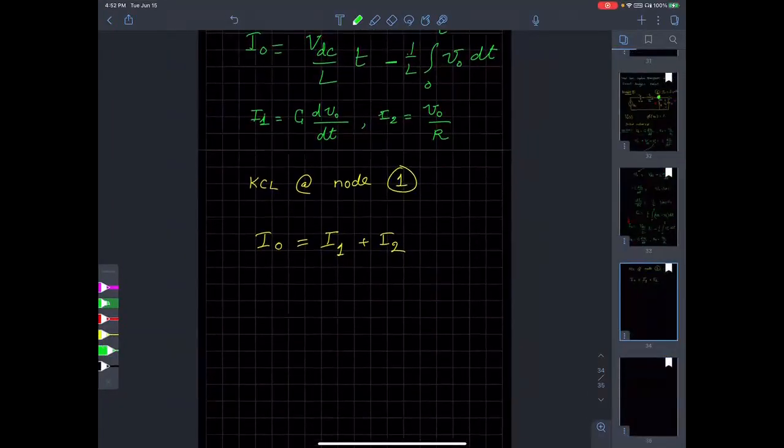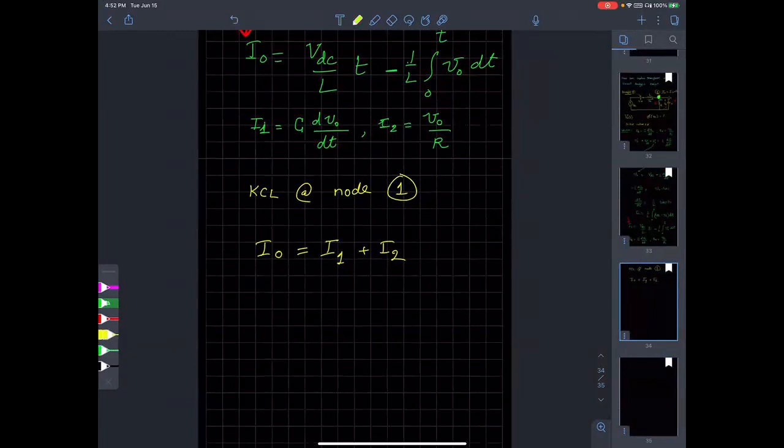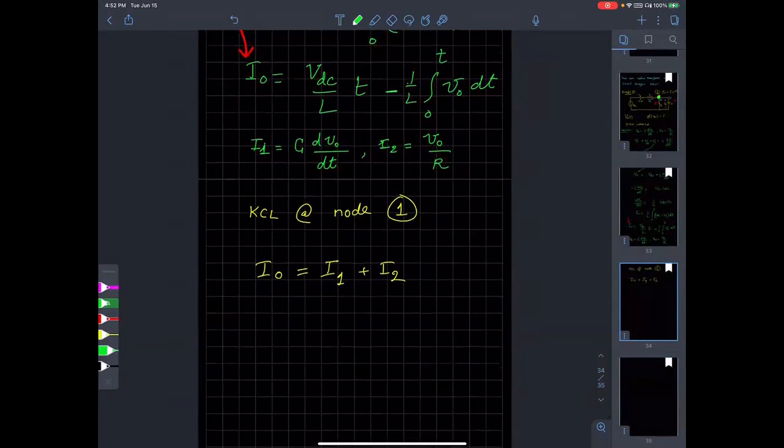Now I can write these equations in terms of the knowns. I naught is going to be VDC, here it's going to be U of t, because it's turning on at t equals 0.